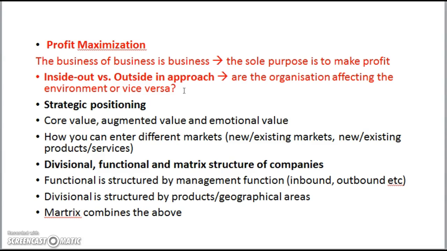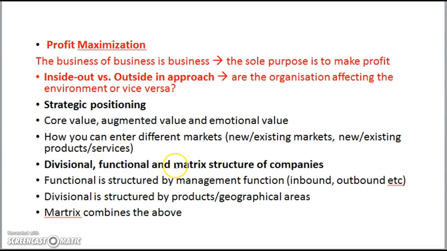And we also covered the strategic positioning. We've covered the different ways of organizing an organization, typically the divisional, which is for larger organizations, the functional, that very much follows a value chain, inbound logistics, production, sales and marketing.